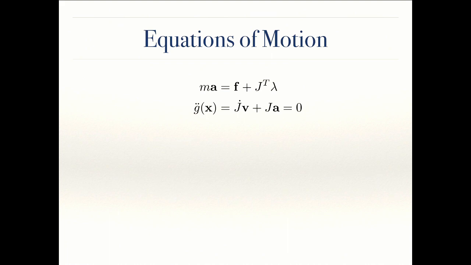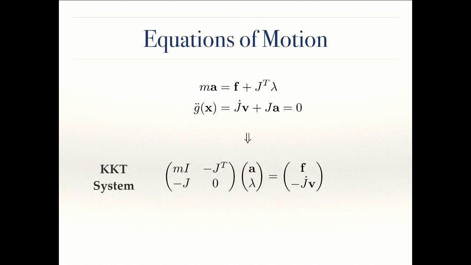And now we have acceleration in both. So now we've reduced this from a differential algebraic equation to an ordinary differential equation. Reorganizing this, putting my unknowns, the acceleration and lambda, into this vector, I can write this as this system.